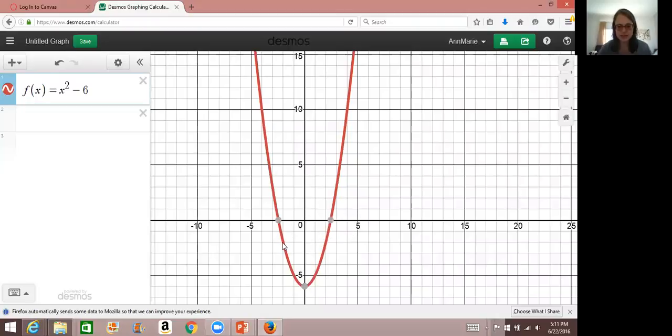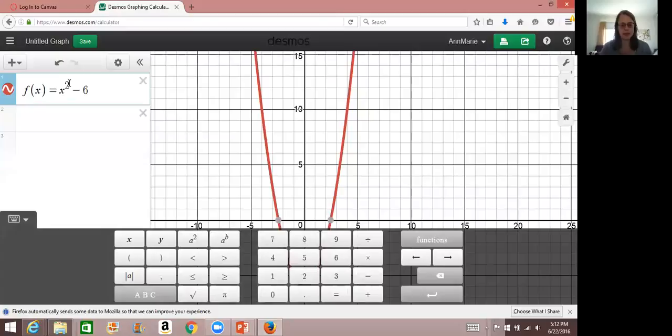So what I'm trying to show you here, and my graph is not behaving itself, okay? Negative 2, 2. It's on my graph, right? Over here to the other side. And 2, negative 2. So my y's are equal and my x's are equal and opposite. The other way I can check that is if I put in negative x in the place of my x and then simplify, I will get back to exactly the same thing. This graph is symmetrical about the y-axis.